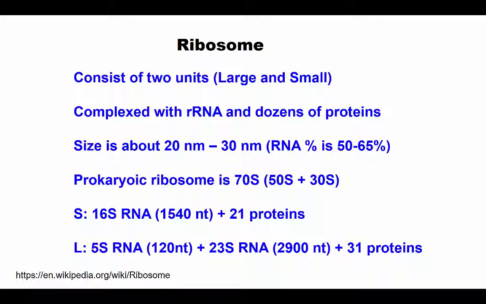Now here, something looks very strange, doesn't it? Let's say here it's 70S and it's combined from 2 components, 50 and 30. If you add 50 and 30, it should be 80, not 70. Something doesn't match. So here the S is not a standard unit. This S is the sedimentation coefficient.